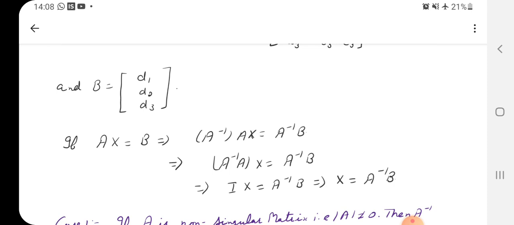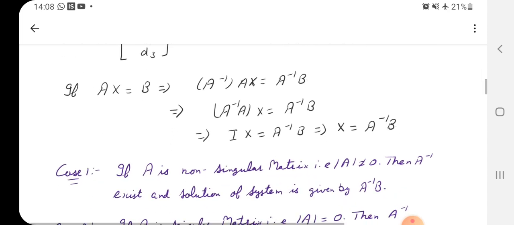So A inverse A X equals A inverse B. Now you all know the inverse of a matrix times that matrix will be the identity matrix, the identity element in the case of matrices.